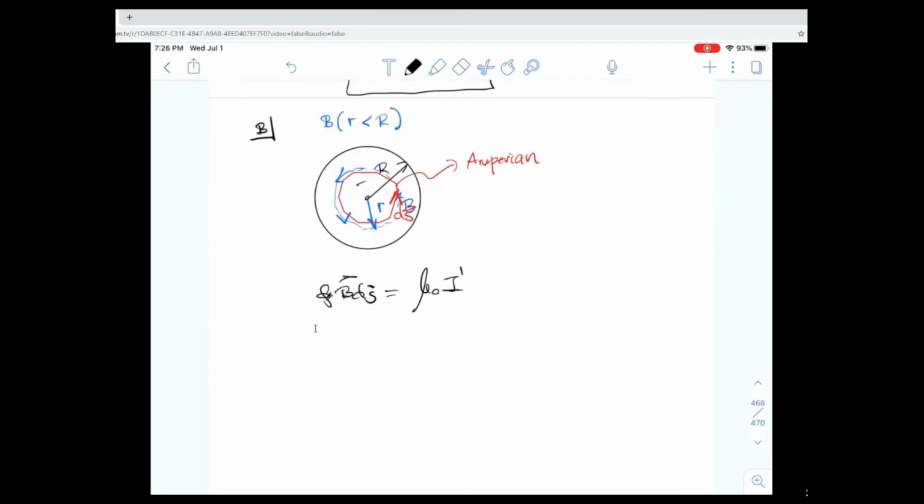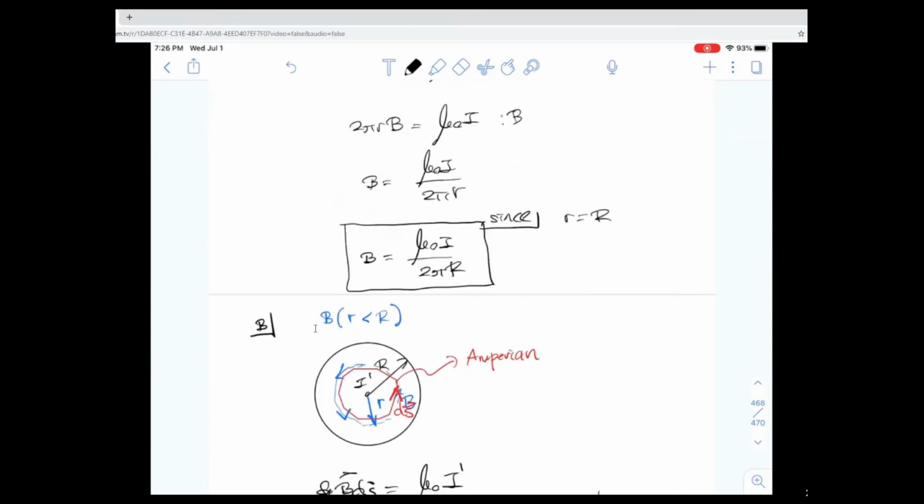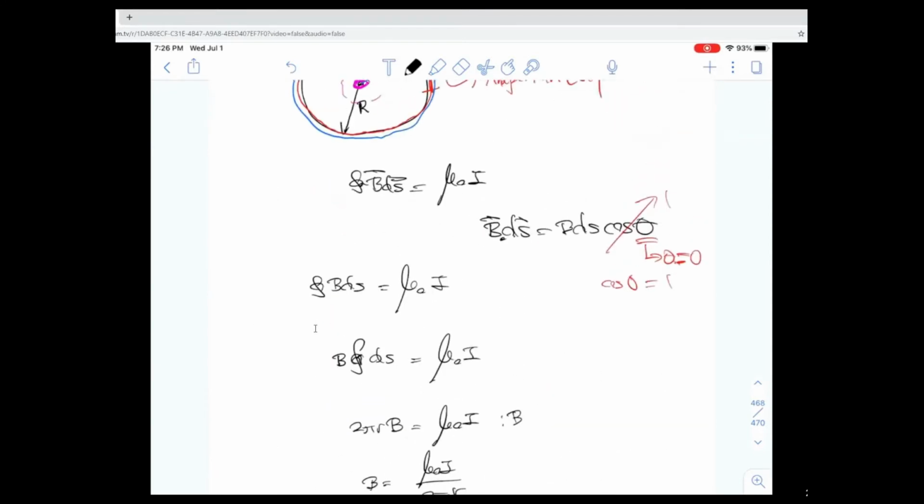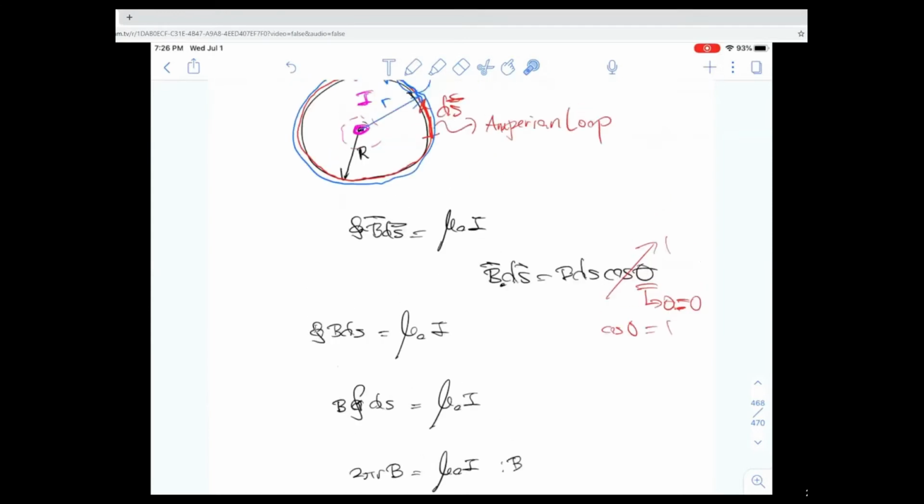So now I'm interested in the net current inside the loop. This is the current within the amperian loop, the net current, versus this one, which is the net current inside the wire.